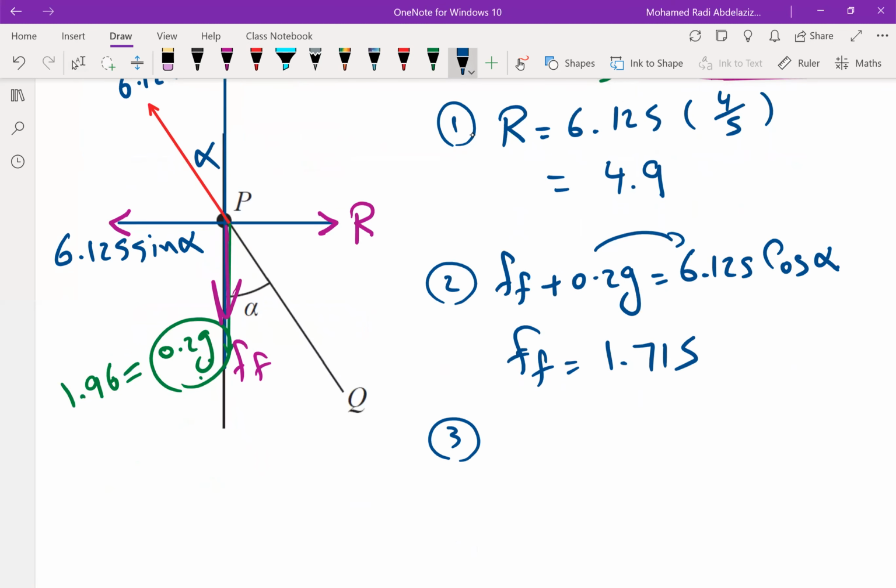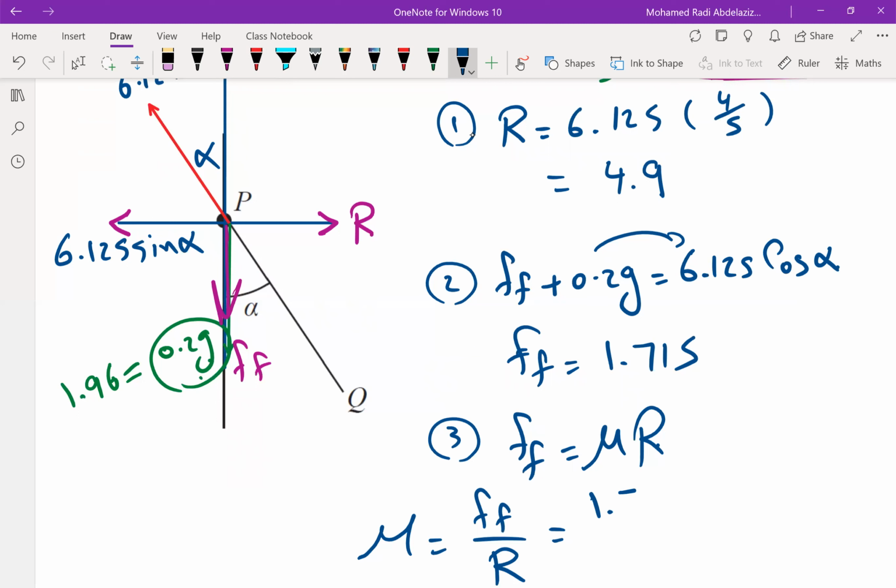The system is in limiting equilibrium, so the frictional force is equal to mu R, or you can write directly that mu is the ratio between the friction force and the normal reaction. The friction force is 1.715 and the normal reaction is 4.9. So the value of mu is 1.715 divided by 4.9. So the final answer is 0.35. That's it. Thank you.